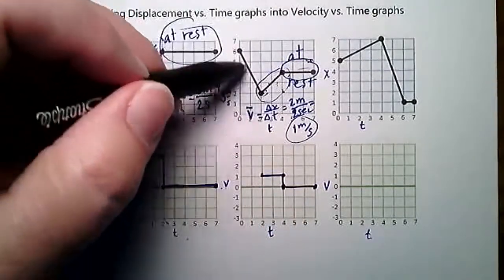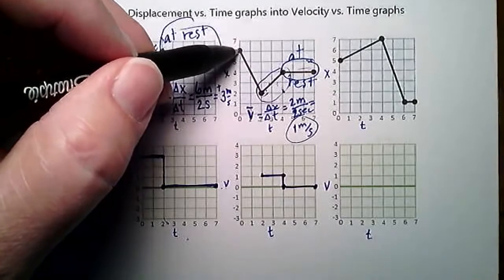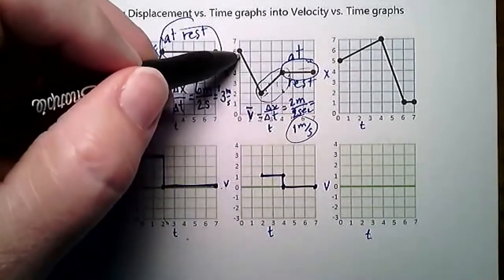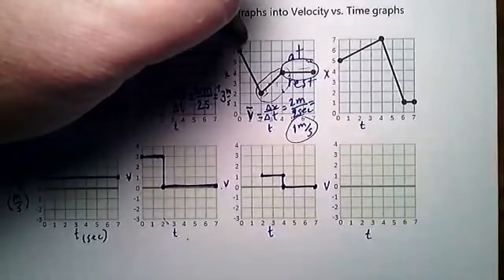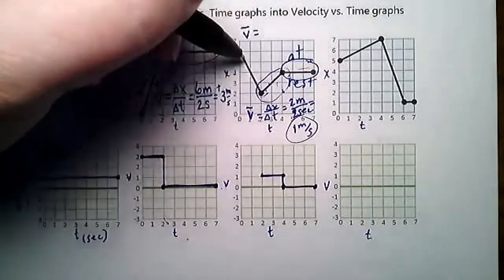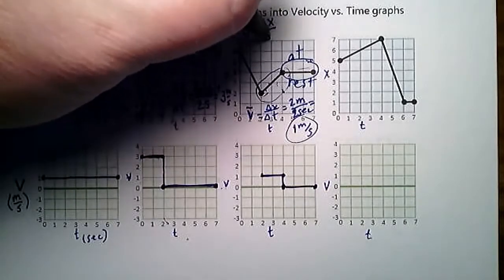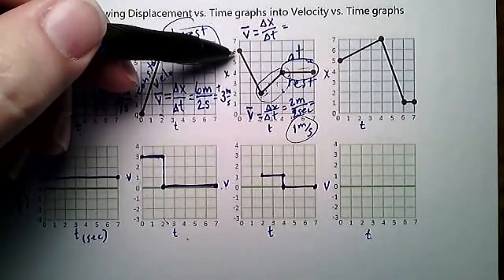Now, because it's a straight line and it's not horizontal, it's not at rest. It does have some velocity. So what would the velocity be? We're doing the same thing. My average velocity for this segment is going to equal delta x over delta t. So what is my change in position?